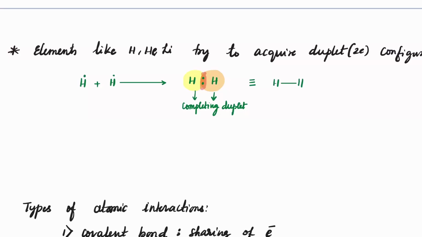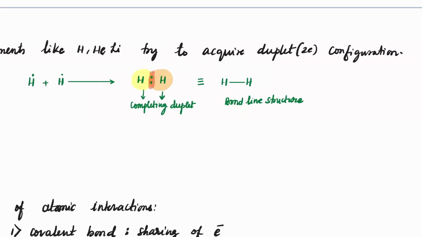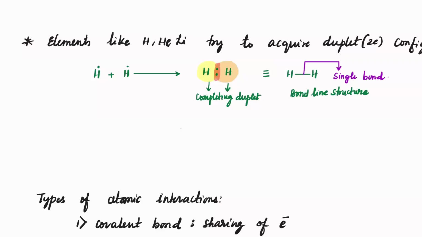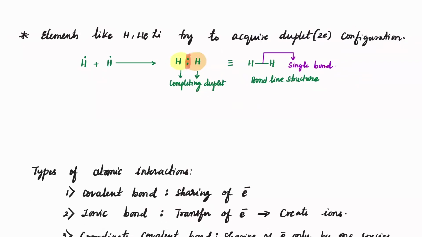This is called the bond line structure. That is, we are trying to show how many bonds are forming. If there is only one bond between the two atoms, we refer to that as a single bond. So there is a single bond between hydrogen and hydrogen, and that is enough for both of them to achieve the duplet form.